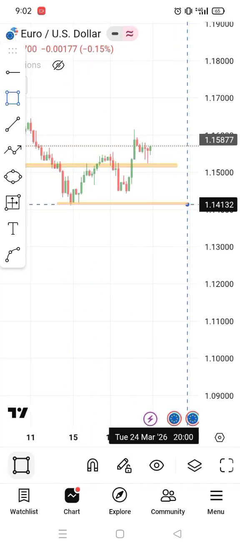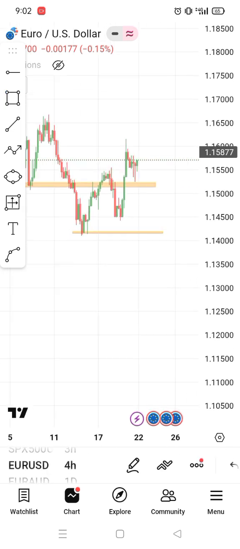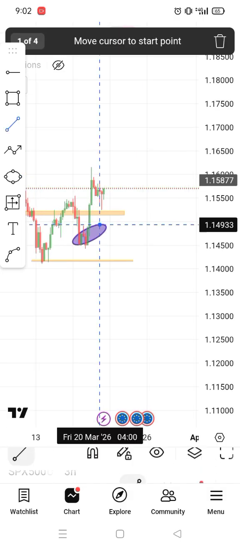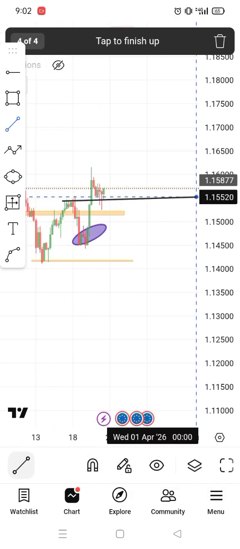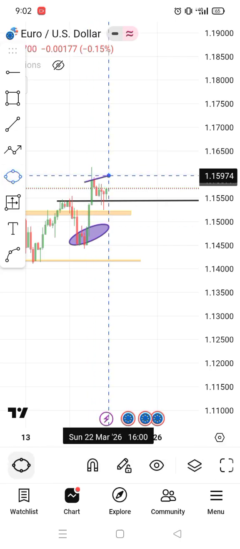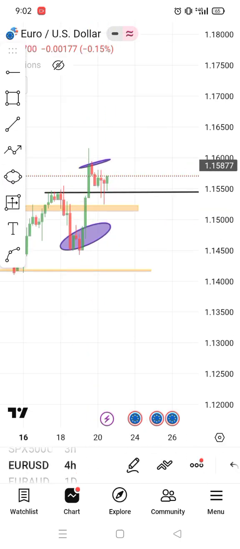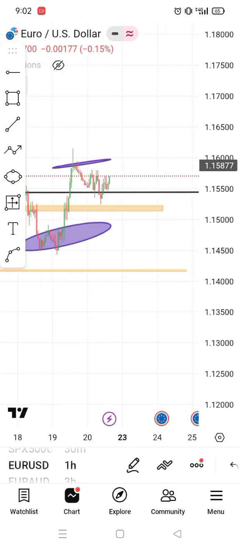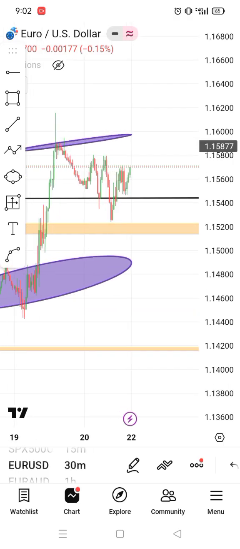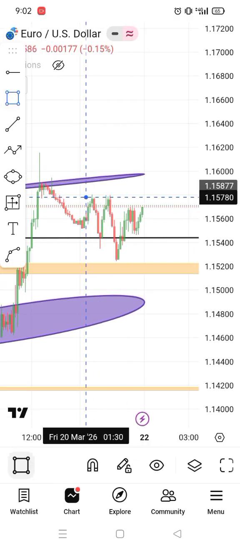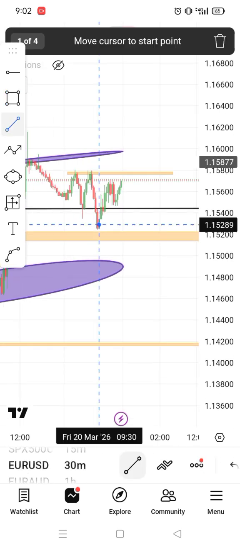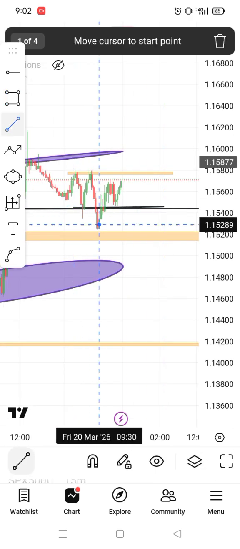It ended up at this low but failed to make a new low, and then ended up breaking this lower high, so these are new highs in the market. So same thing, we're waiting for price to be bullish again, but it takes its time, bro. EUR USD takes its time. In the lower time frame, this is what we can see. We have a level of resistance here. We're still breaking lows.